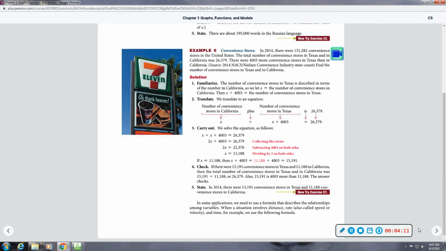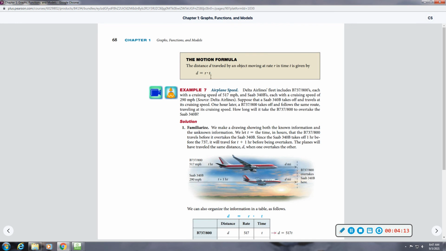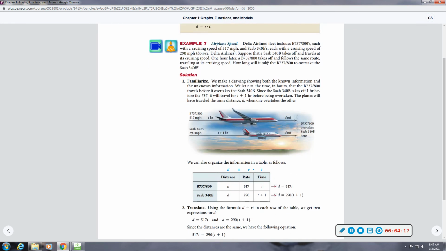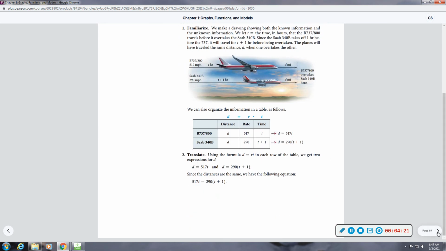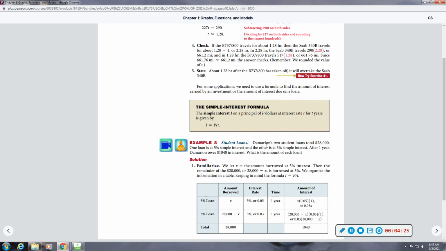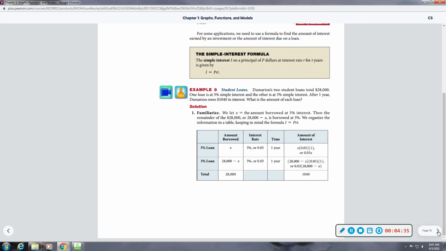And then they also introduce you to some more formulas. The distance formula, when we're talking about speed and rate, different things trying to get somewhere at a certain time. And then they also go over simple interest formula, which we'll see later on in the section as well. So all of this is what you will need to do chapter 1.